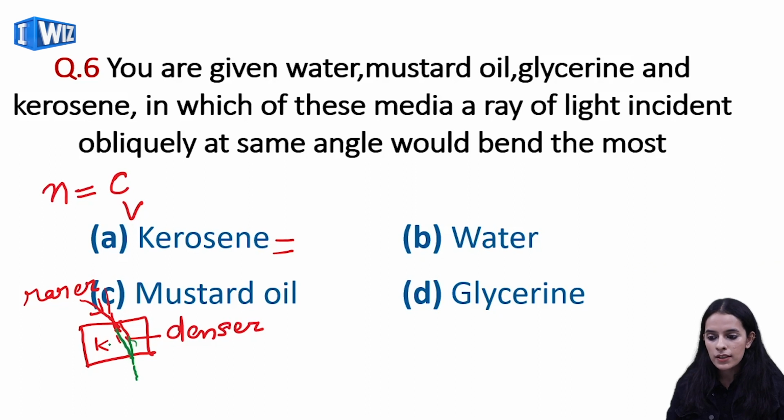Now it is going from denser medium to the rarer one. When it goes from denser to rarer medium, it will bend away from the normal like this.